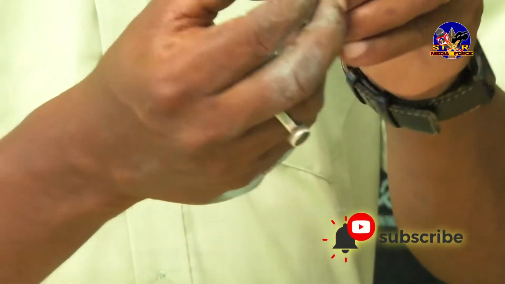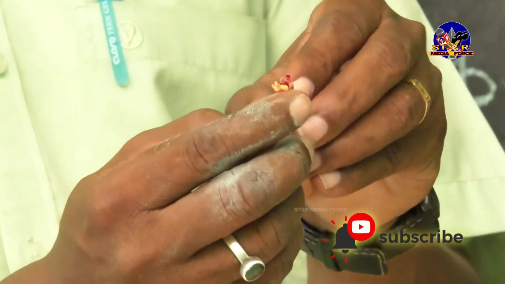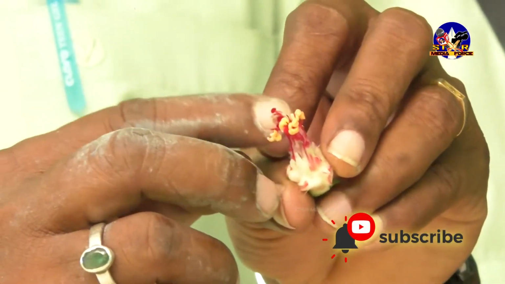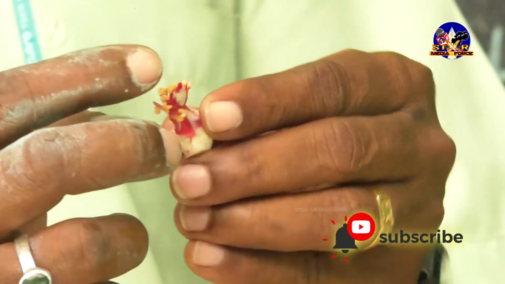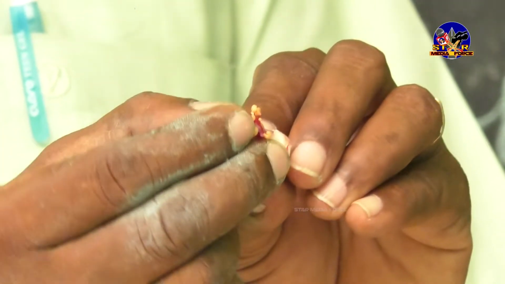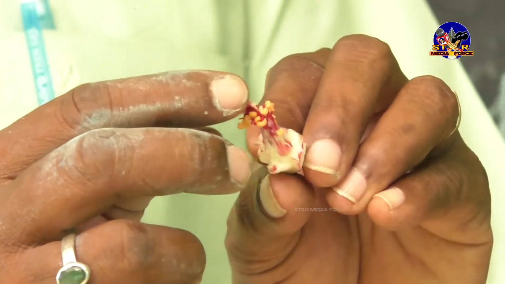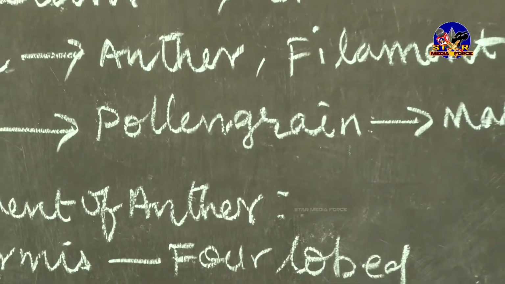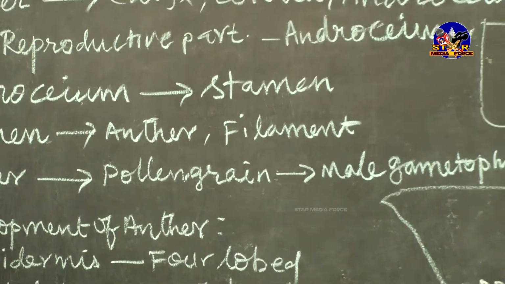This is the androecium: the yellow colored portion, where so many filaments are there. Another, this is one stigmatic surface with a long style. That is the gynoecium. Now we will see the androecium in the diagram.